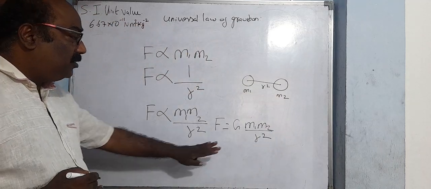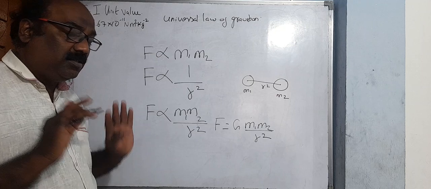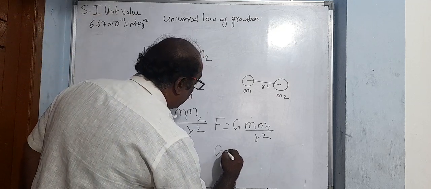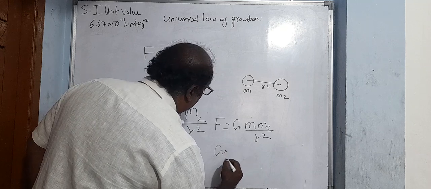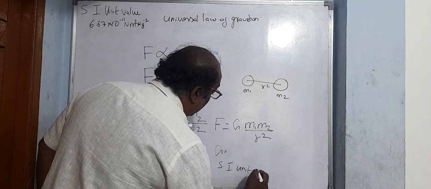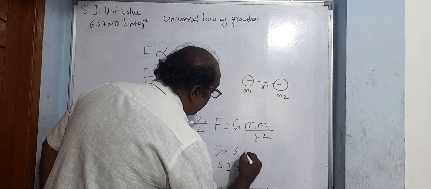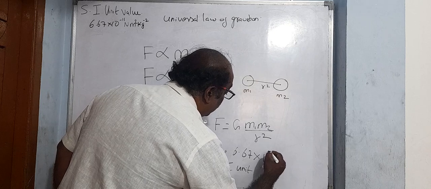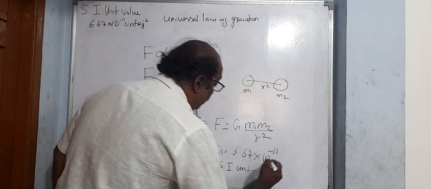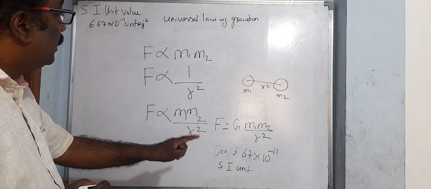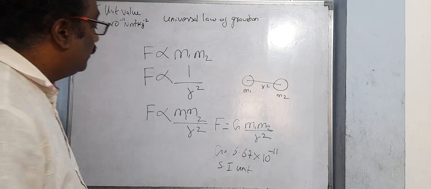And you know what is this? G is constant. So it is constant for all the equations. So we can write down the value of G, this is in SI unit. We can write it down as 6.67 into 10 to the power of minus 11.